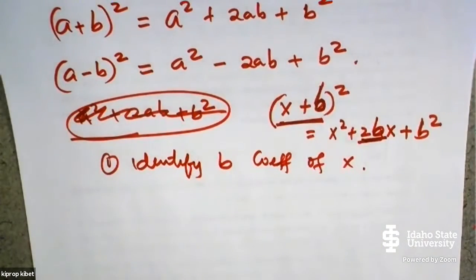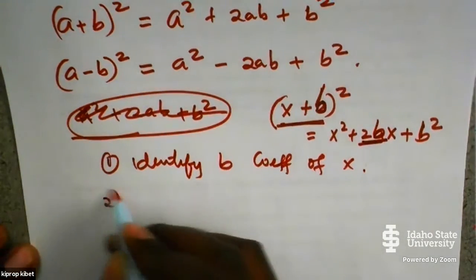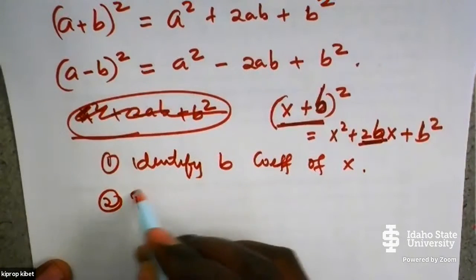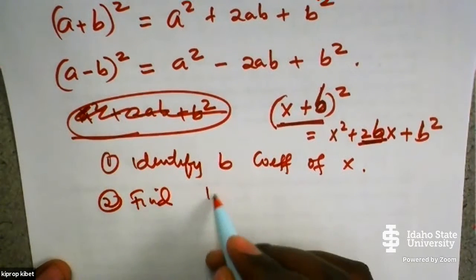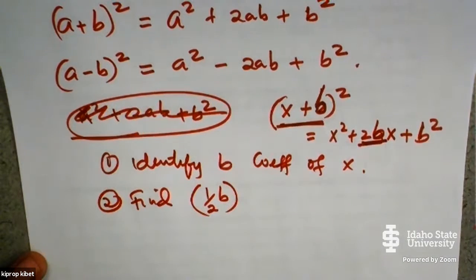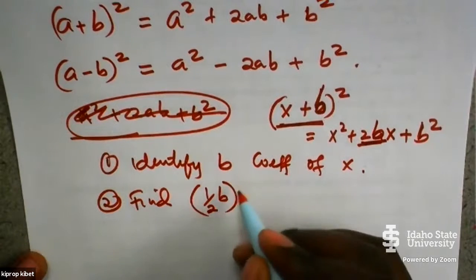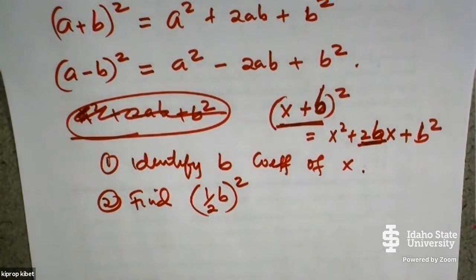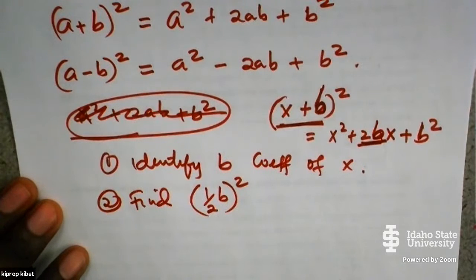Number 2, find half of the coefficient of x, which is b, and then you square.